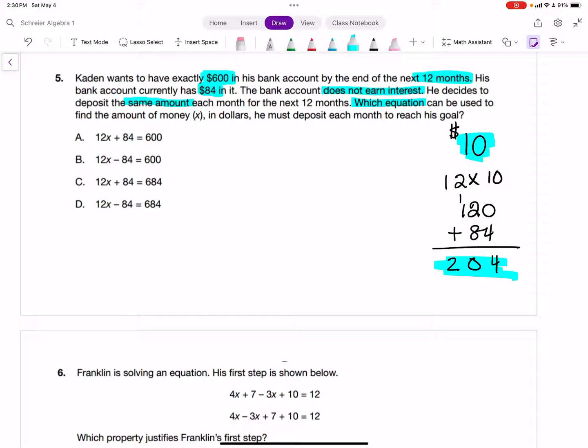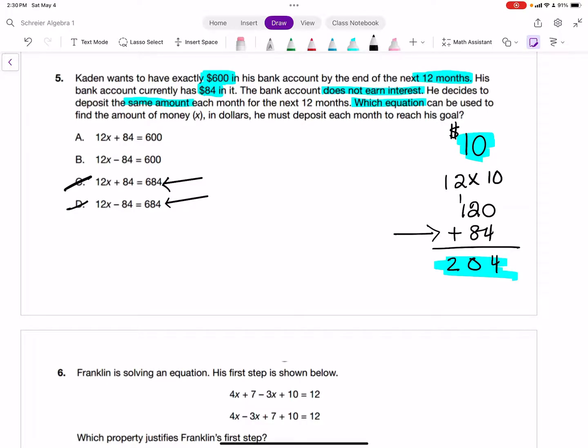So we're going to go ahead and eliminate this answer choice and this answer choice, because these two end up with him having $684 in his account. So we're doing it for 12 months, and we're going to multiply, and then we're going to add the $84, which we did over here.